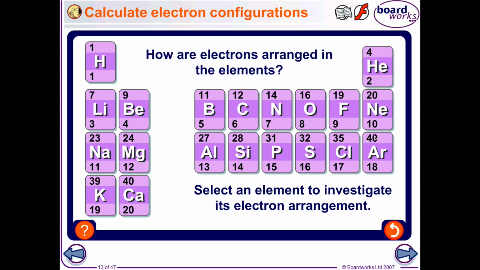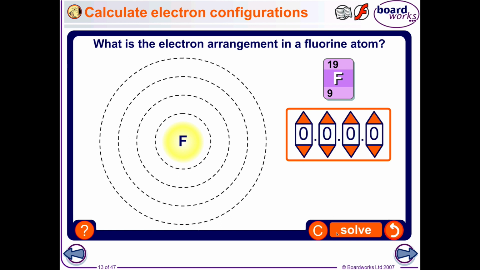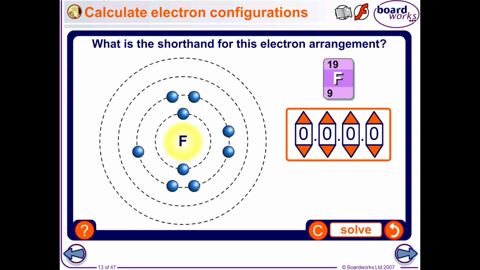So, for example, we'll show you now fluorine. Fluorine has got the numbers 9 and 19 associated with it. So the 9 tells me that fluorine has got 9 electrons in total. So what's going to happen, I'm going to put 2 electrons in the first shell, which gives me a total of 2, and then I need a further 7 in the second shell, and that's given me the total of 9.